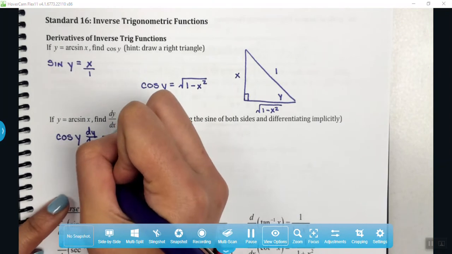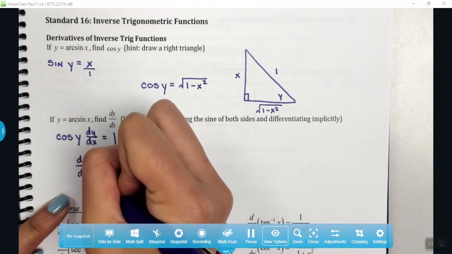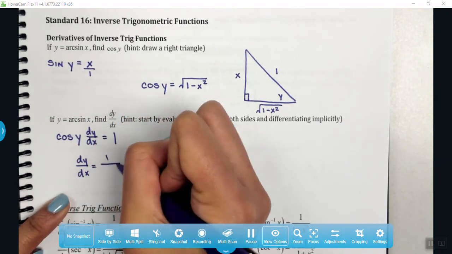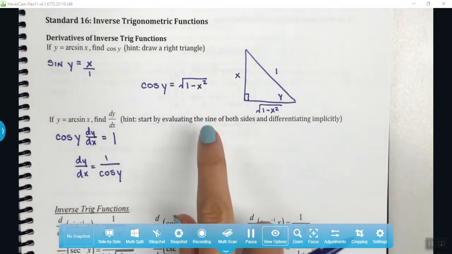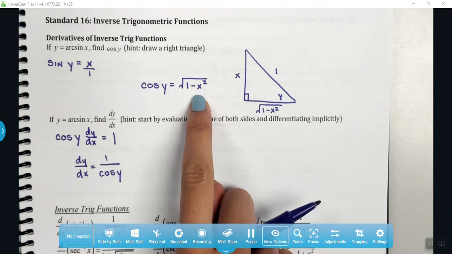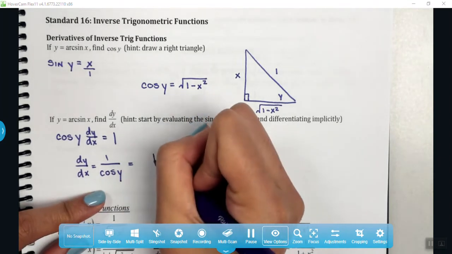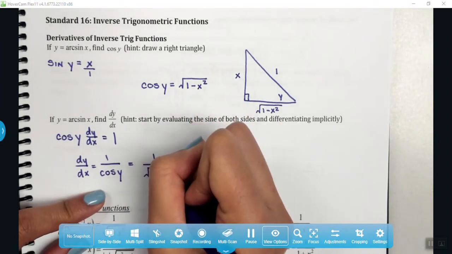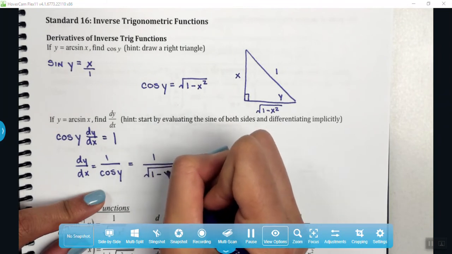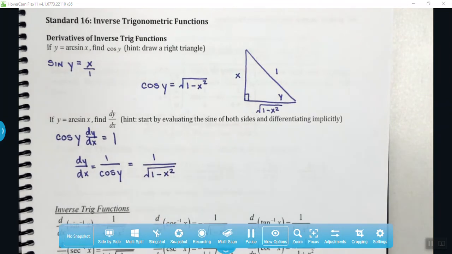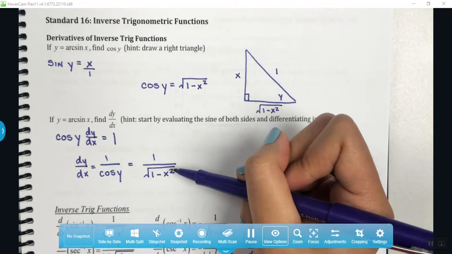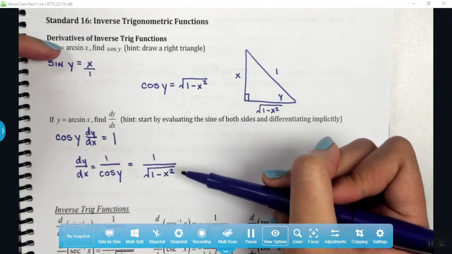Okay, so dy dx is equal to 1 over cosine of y, right? And we found out cosine of y from our right triangle. So that's 1 over square root 1 minus x squared. That is the derivative of arcsine x.